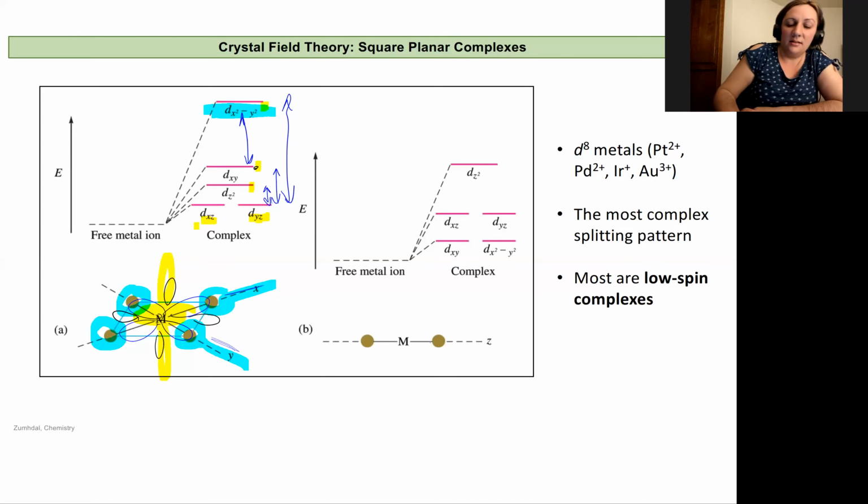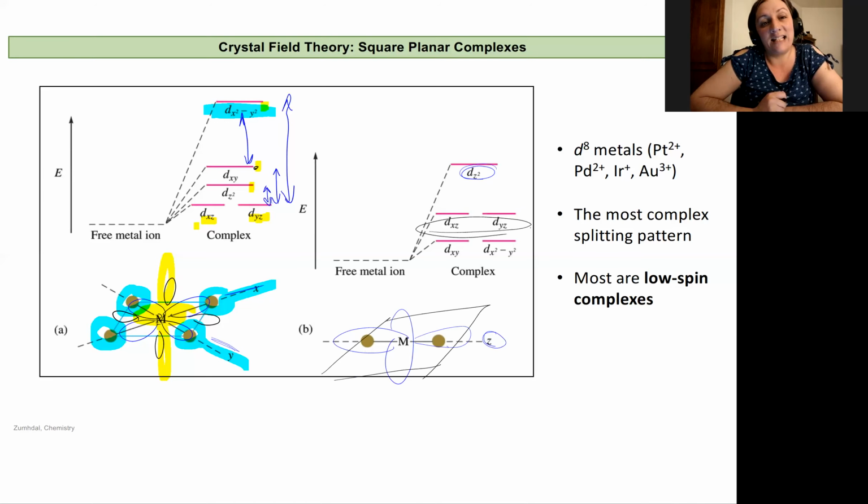And then for these linear arrangements too, this can go right along the z-axis. So it's going to line up perfectly with the dz squared right here. And it's going to align really well with any of our orbitals that are just in this z plane at all, which is going to be our dyz and our dxz.